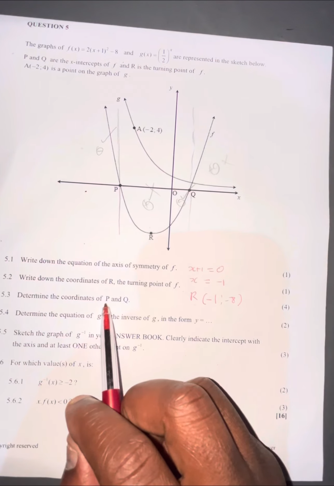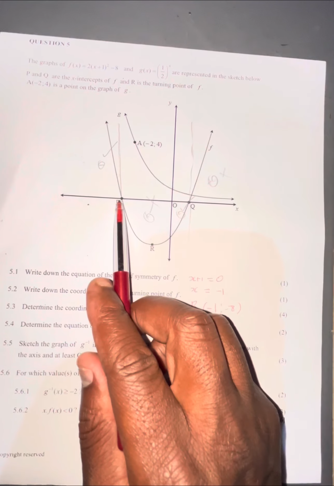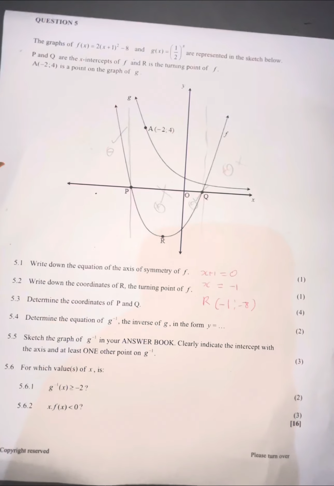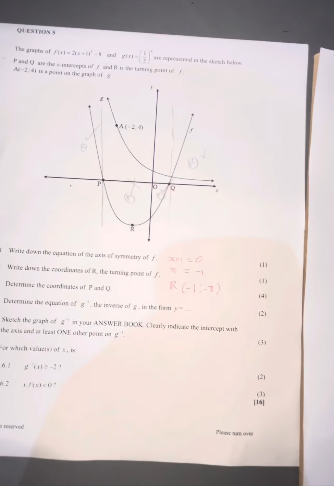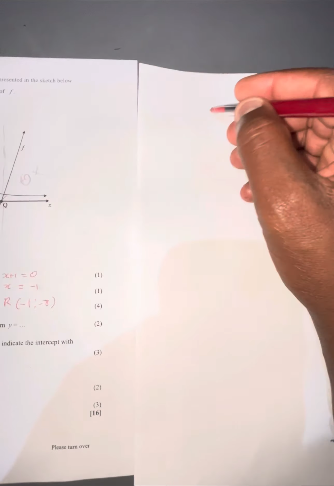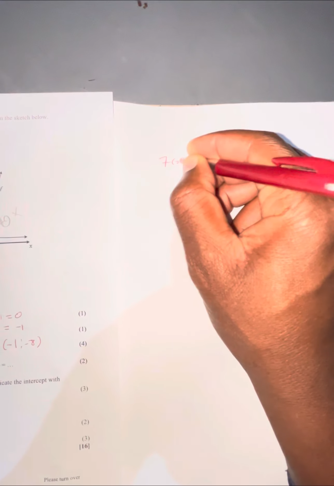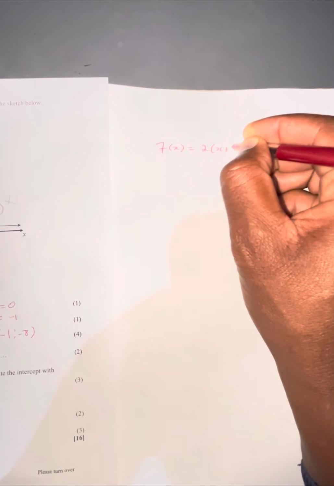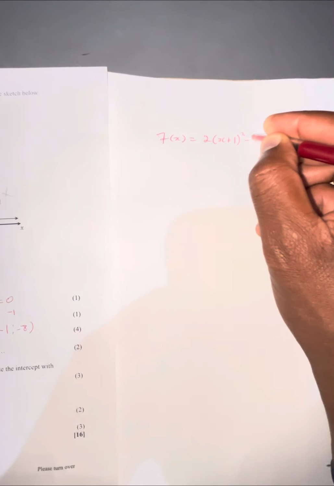So let's move to 5.3. Determine the coordinates of P and Q. These are the x-intercepts of the graph of f. So now we need to calculate the coordinates of P and Q. Let me use this space here. Our graph is f(x) equals 2(x plus 1) squared minus 8.